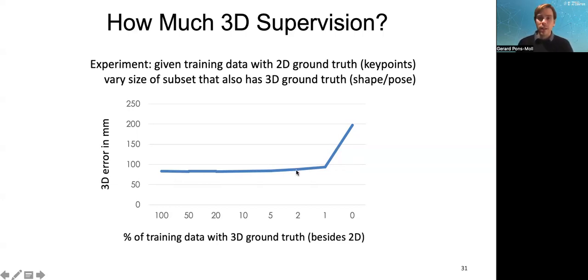That's sufficient to regularize the network, and then the rest is learned from the 2D joints. This is quite interesting because we are not using any prior here, and it's learning this exactly from the data. This prior over pose and shape is learned from a few samples of 3D annotations.